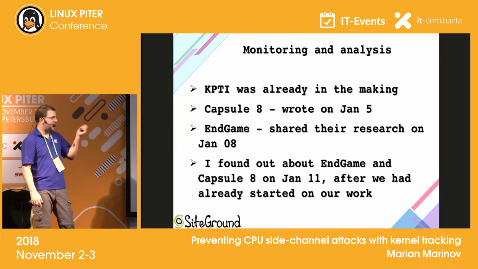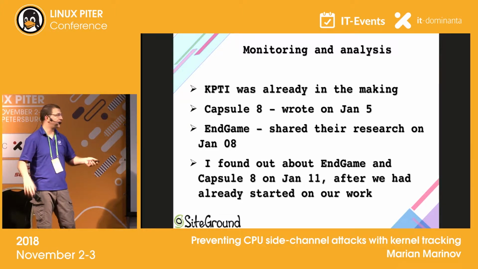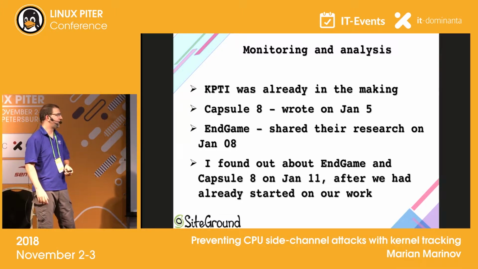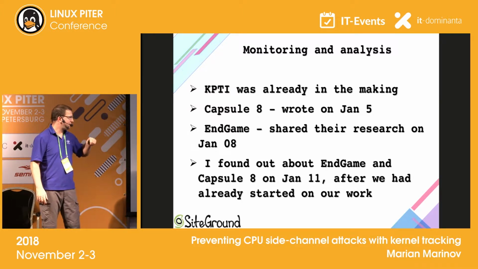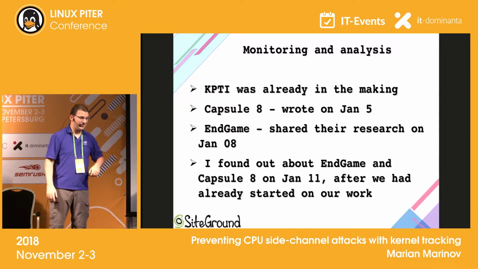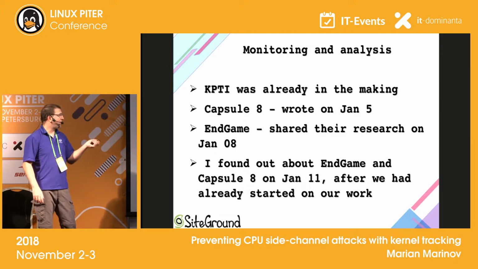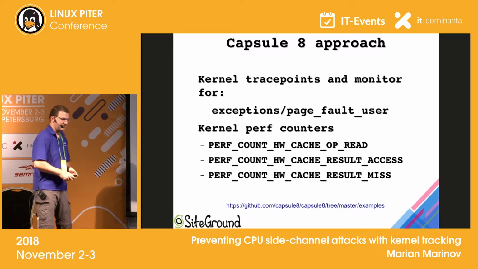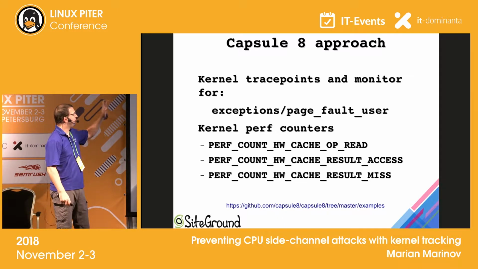Endgame on January 8th showed their research on this, and they showed only research, no code. Capsule 8 showed a little bit of code. I was already working on our solution at that point, and when I noticed this, we already had something working for our situation. So let's see what Capsule did.